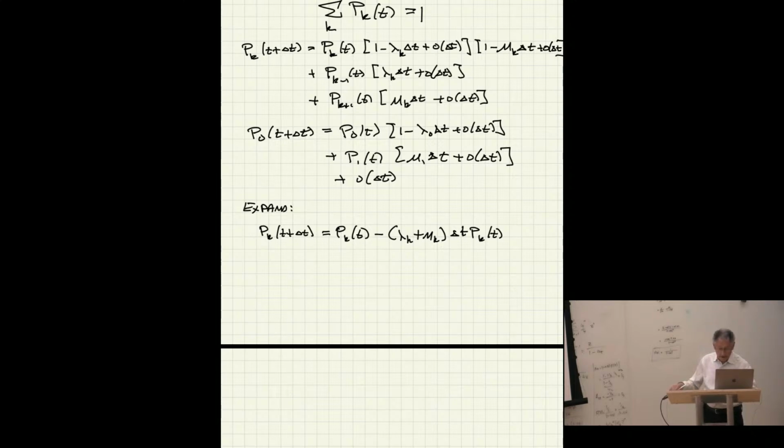And later on, I'll add the o of delta t. There's an o of delta t that's going to contribute. Plus, coming down to this next term, this one here, I'm going to get a lambda k pk minus 1.